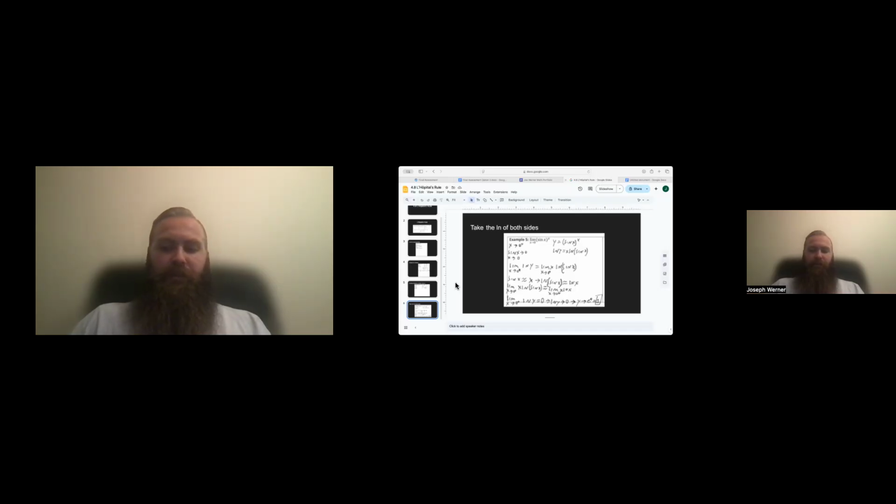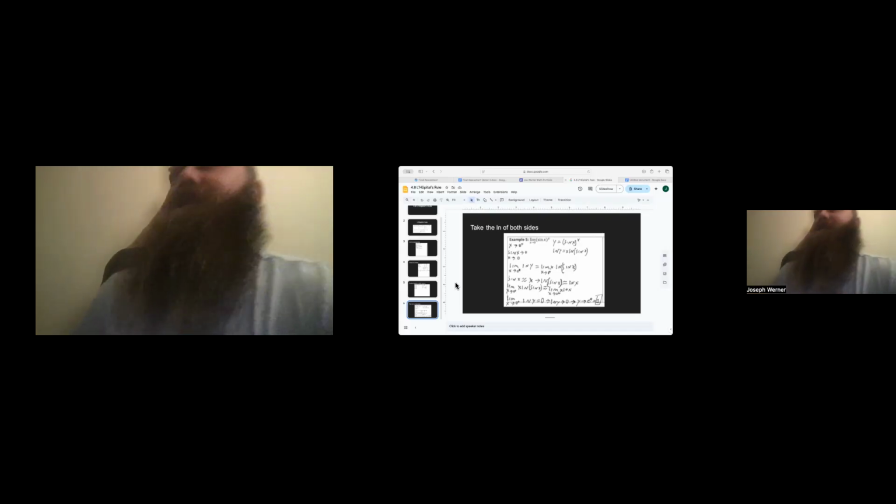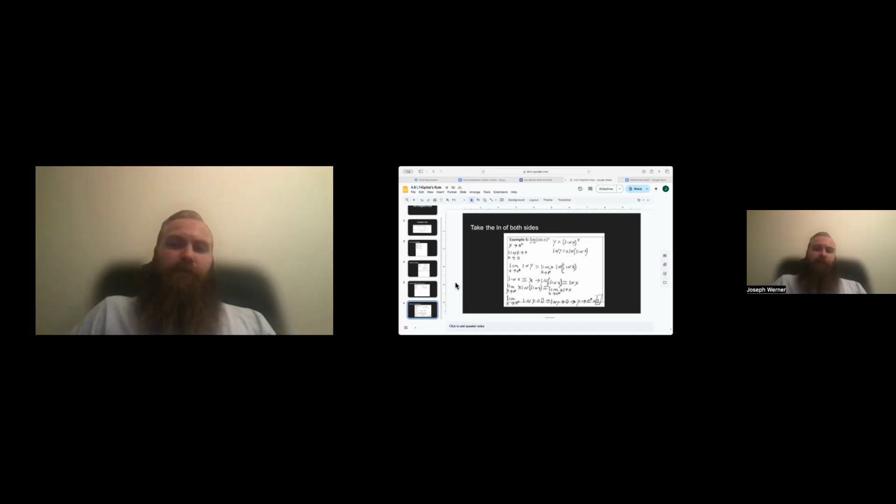So this is an indeterminate form of 0 to the power of 0. To evaluate it, we'll set y equals sine x to the power of x, and then take the natural log of both sides, so ln y equals x ln sine x.